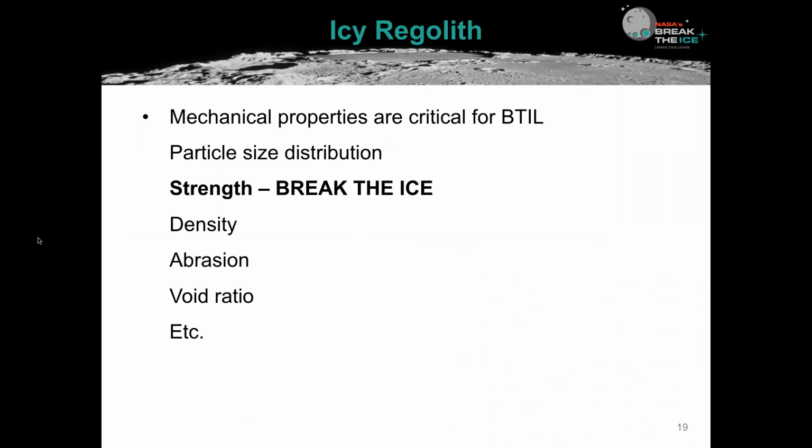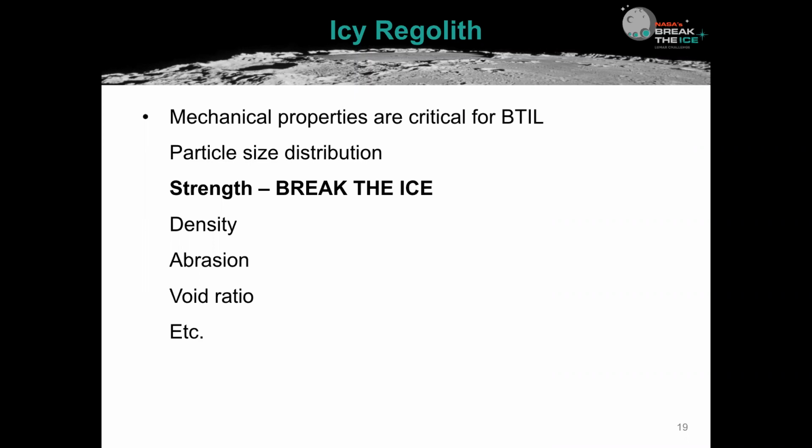What do we need to simulate to close the technology gaps we're given and deal with an unknown material? So there are lots of properties for icy regolith that are important, like water content, like purity of the water. So if you intend to electrolyze it or drink it, that's a real important property.